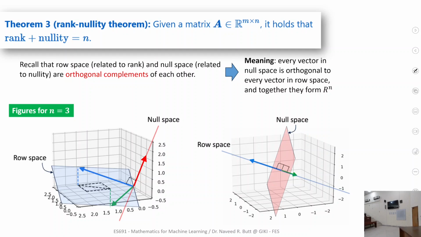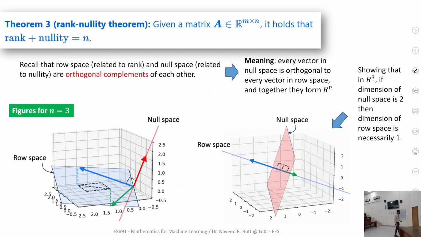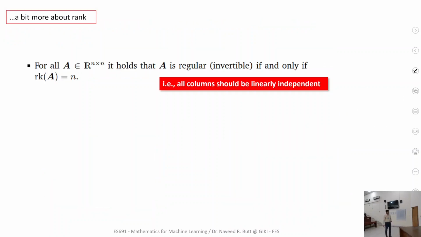Then the only option for the null space is to be a hyperplane orthogonal to that. Yeah. So in both cases देखें बनता क्या तीनों के vectors मिलाएं. This plane plus this vector is R3. This plane plus this vector is again R3. So that is the rank nullity theorem in practice.